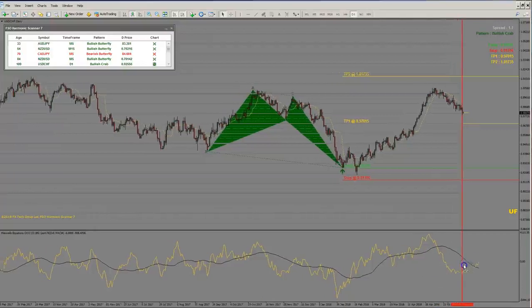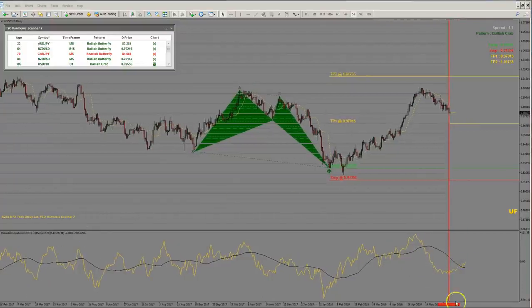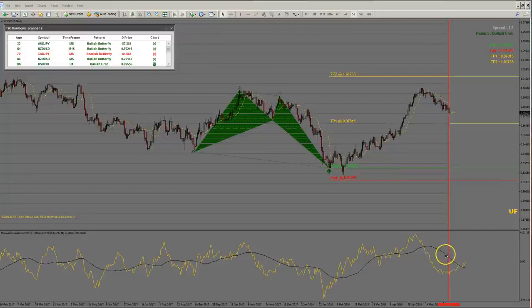The yellow line, I'm sorry, let me, my drawing tool. So the yellow line needs to be above the black line, the market maker baseline.